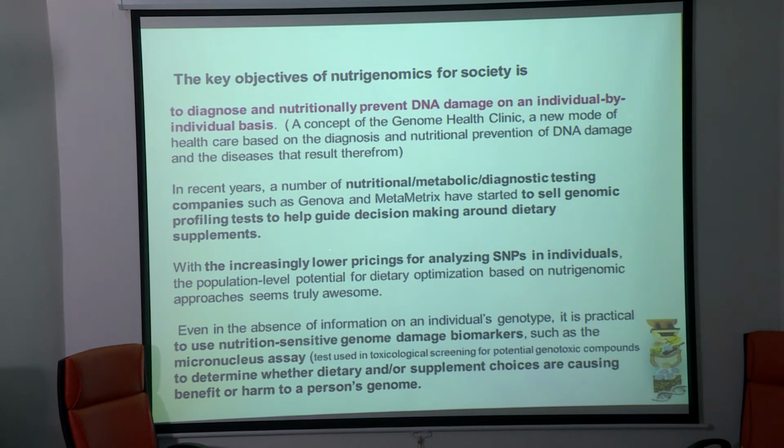Especially diabetes and obesity are so prevalent and rampant that we can take the help of the Genome Health Clinic to take all precautions. With the lowering of prices, it has become very accessible now.